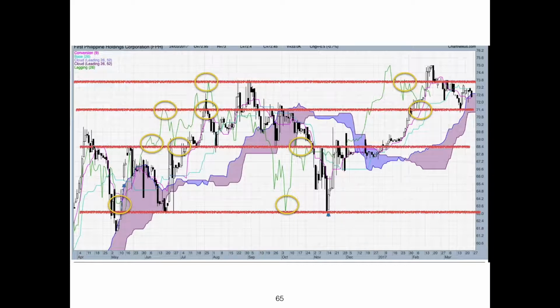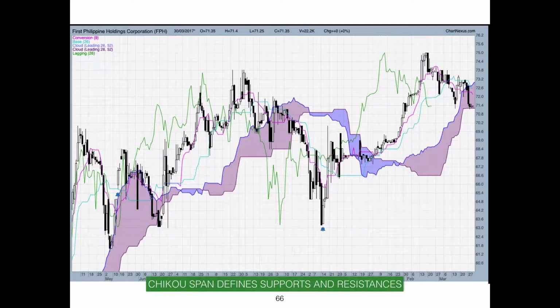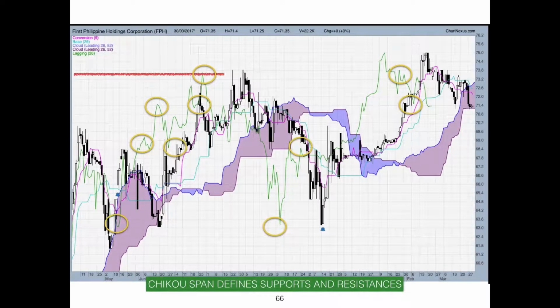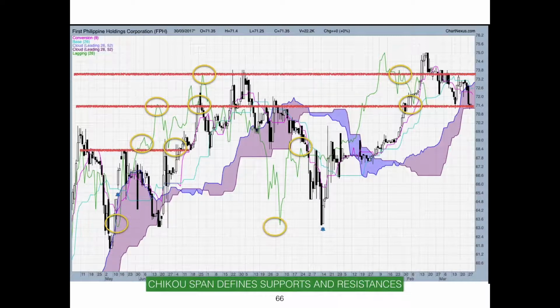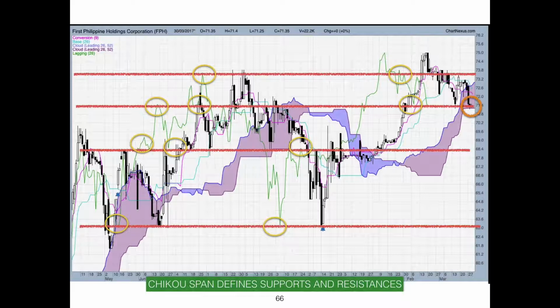Now let's add in the lines in this next chart. So for example, you're in this price right now, the orange circle.